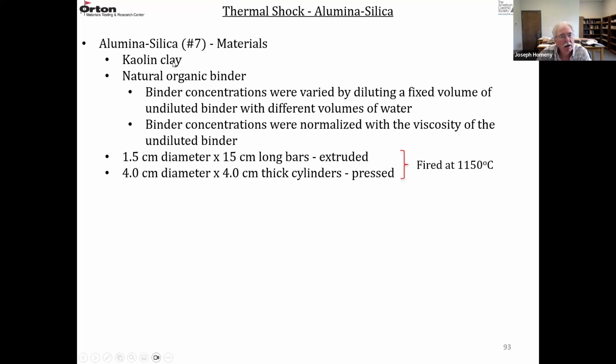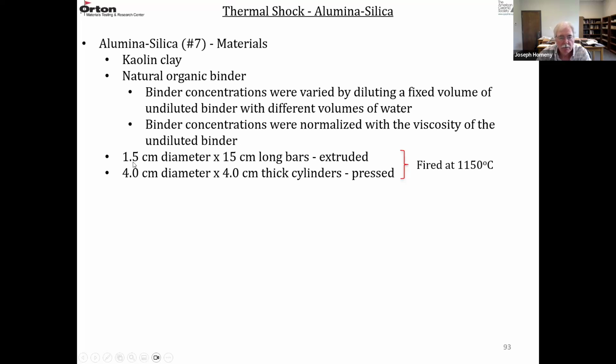So they use a kaolin clay and an organic binder, and the binder concentrations were varied by diluting a fixed volume of an undiluted binder with different volumes of water. So they were just diluting the binder and diluting the viscosity. So the binder concentrations were normal with the viscosity of the undiluted binder.